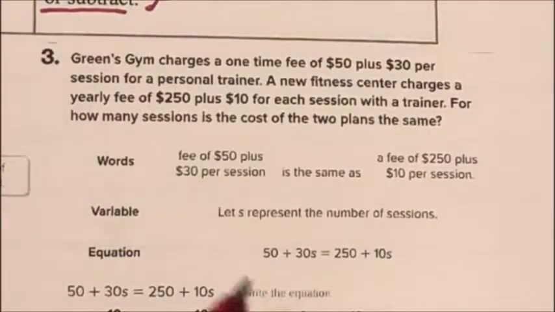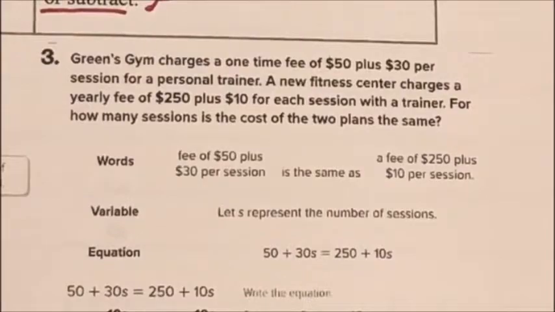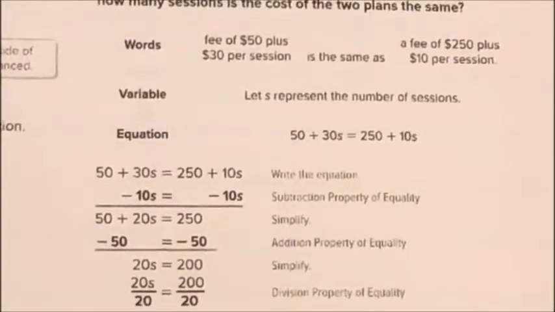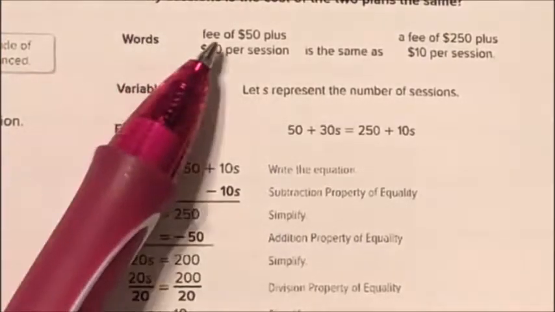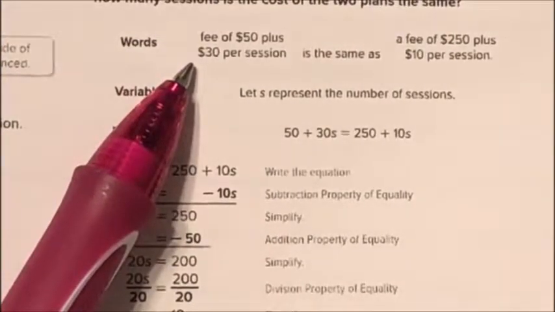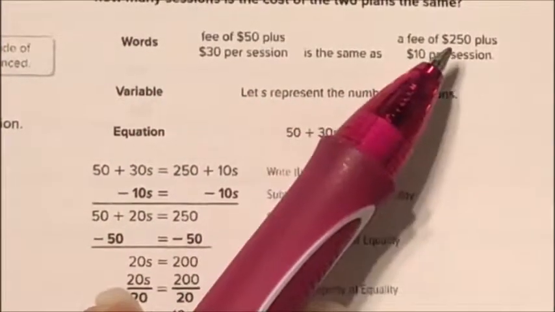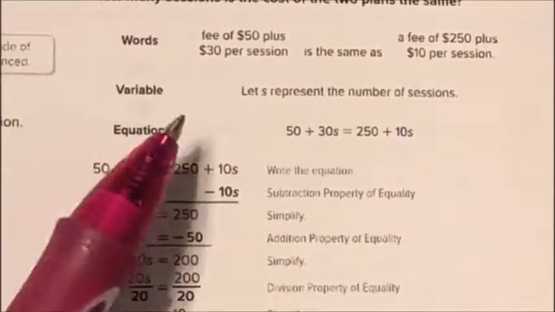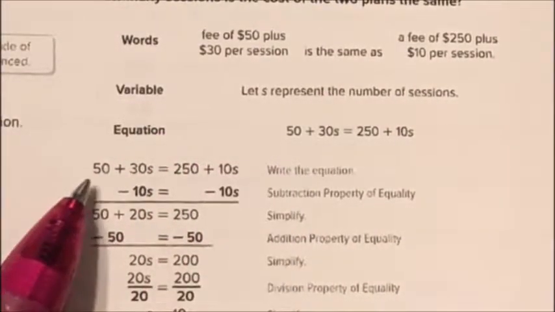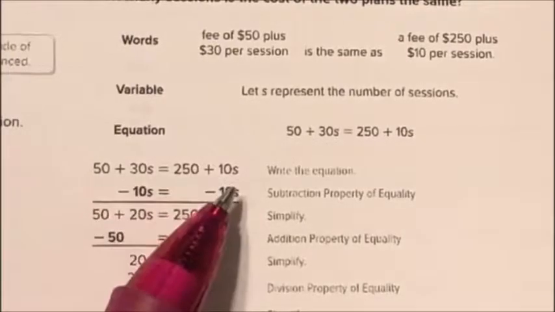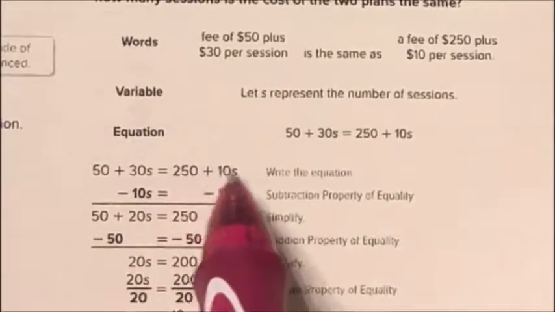Okay, so let S represent the number of sessions. So then I have 50 plus 30S, so 50 plus 30S equals 250 plus 10S. Okay, so now I can come down here and I can subtract 10S from both sides.